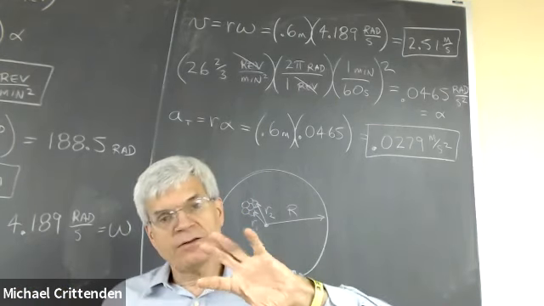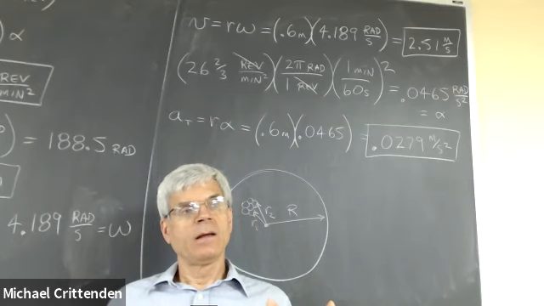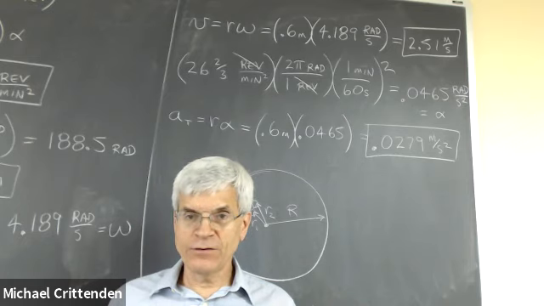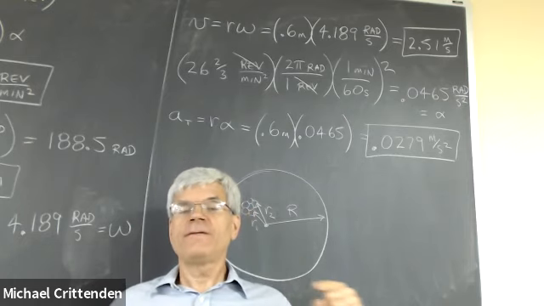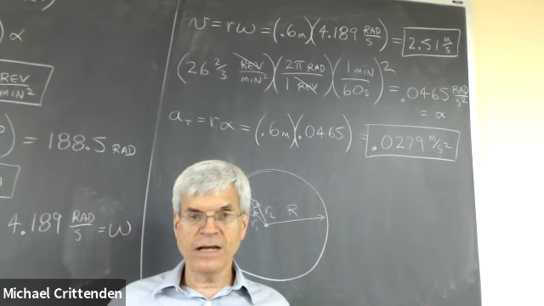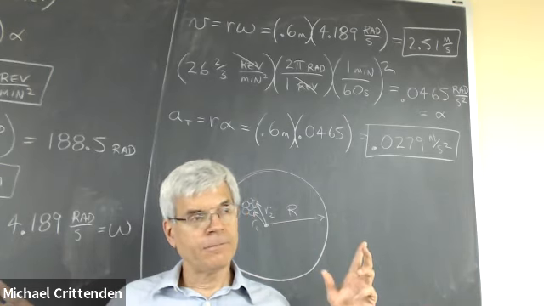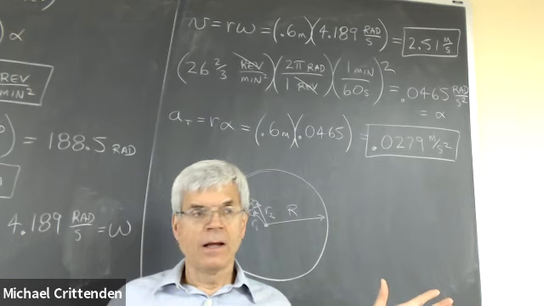But if you try to make something rotate, the inertia depends not only on how much mass is there, but on how it's distributed. The farther the mass is from the axis of rotation, the more inertia it has.